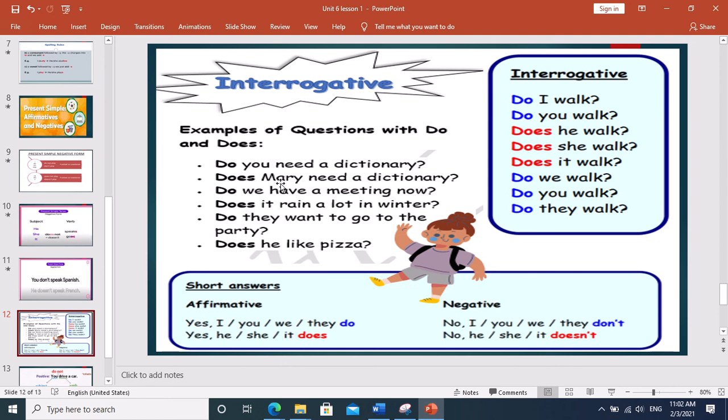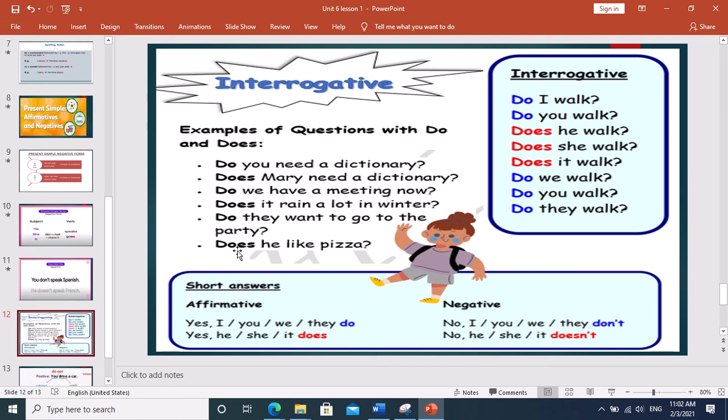Mary, it's one of the singular personal pronouns, so I have to use does. We, it's a plural personal pronoun, so I have to use do. It, it's one of the singular personal pronouns, so I have to use does. They, it's one of the plural personal pronouns, so I have to use do. He, it's one of the singular personal pronouns, so I have to use does.